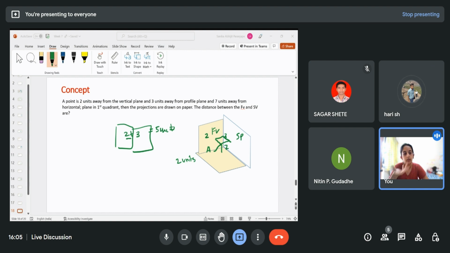Are you able to imagine the objects? Yeah, ma'am. Out of 10 questions, 5 questions are okay, they are easy, but the remaining 4 to 5 questions require some work, we need to draw some figures. But are you able to draw it? Yeah, ma'am.